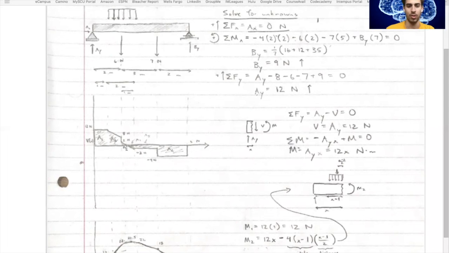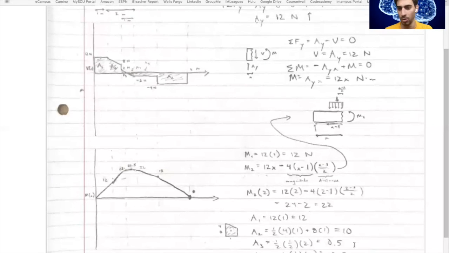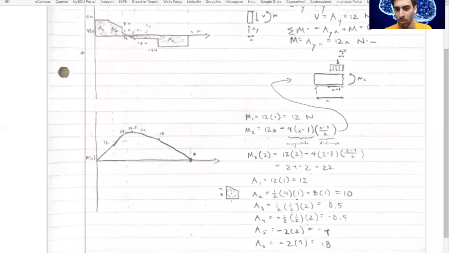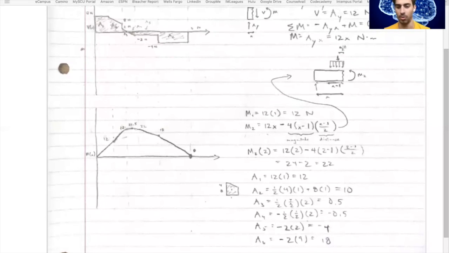So I actually solved it, right? I solved for the extra area right here. It's essentially just 22 plus this little area right here, which is just 0.5. So it increases by 0.5.